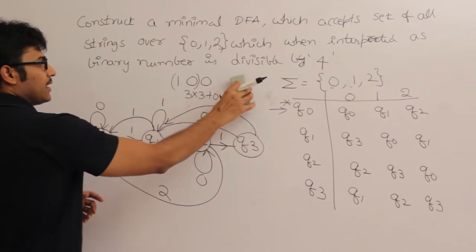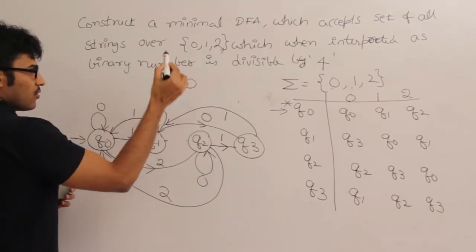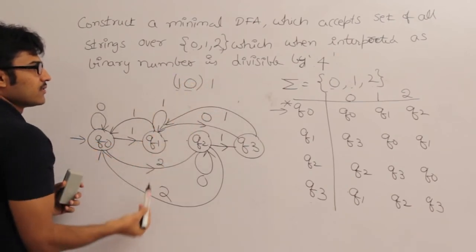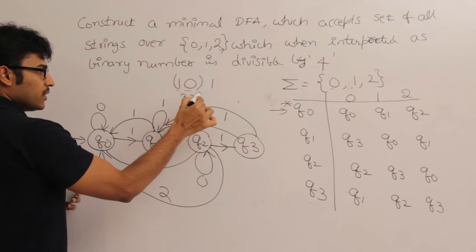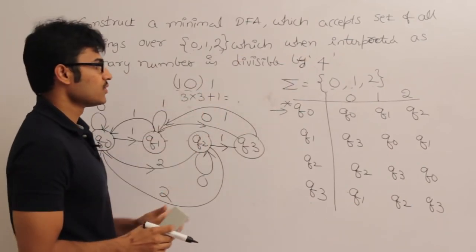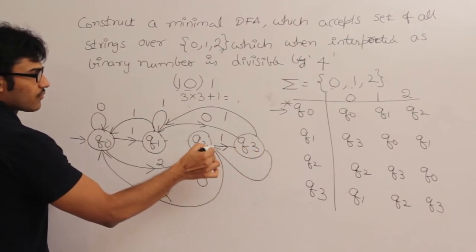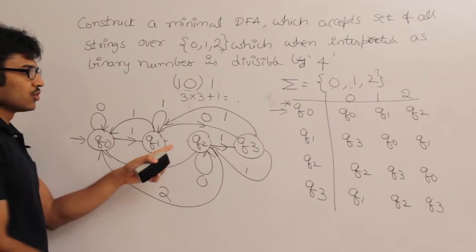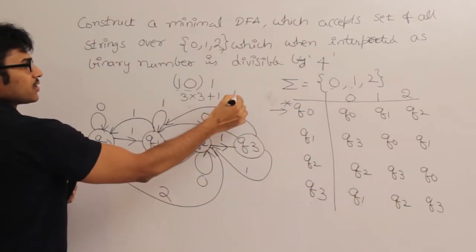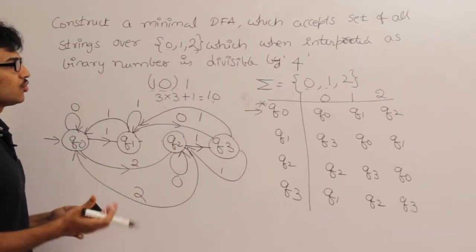Next, let us say you are in Q3, which means you have seen 1, 0. Now if you see a 1 on it, this entire thing is 3, and 3 into 3 plus 1 is 10. So 10 when divided by 4 is going to give you a remainder of 2. Therefore Q3 on 1 is going to be Q2. Why? Because I got a result of 10, and 10 when divided by 4 gives a remainder of 2.